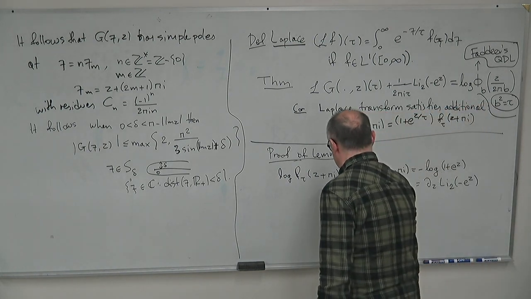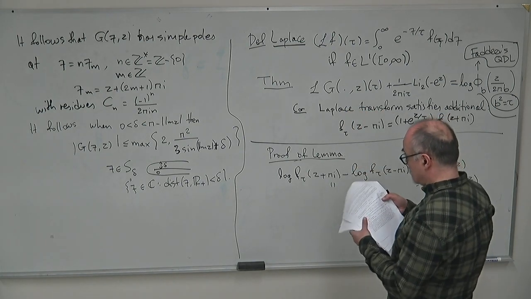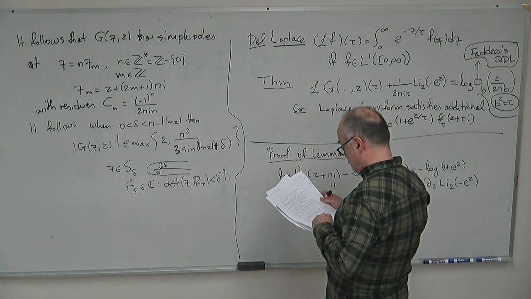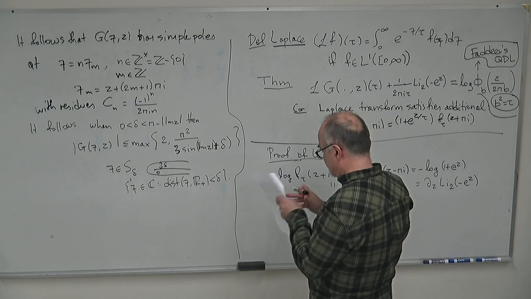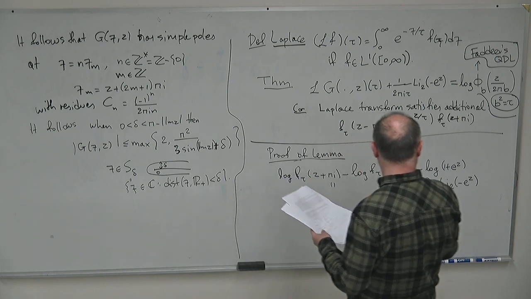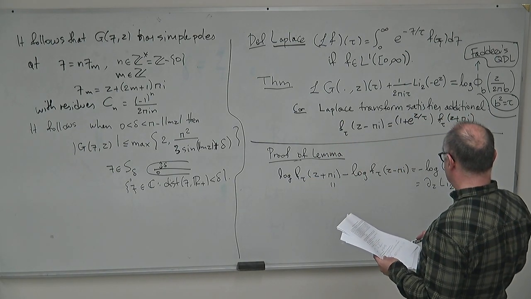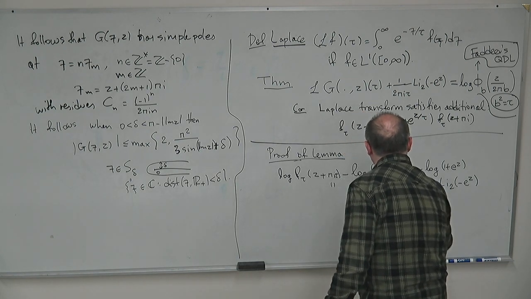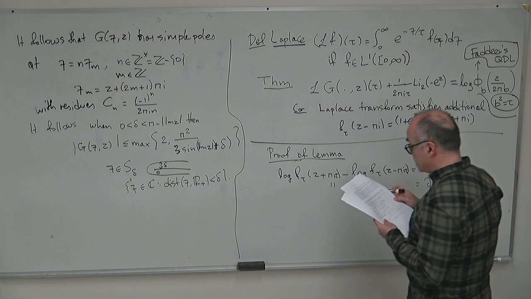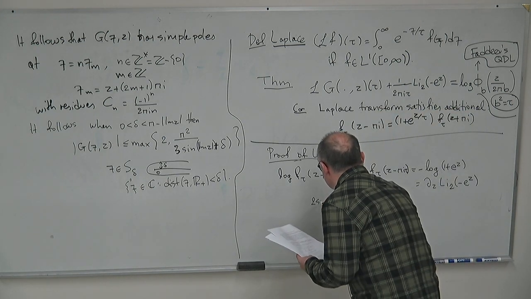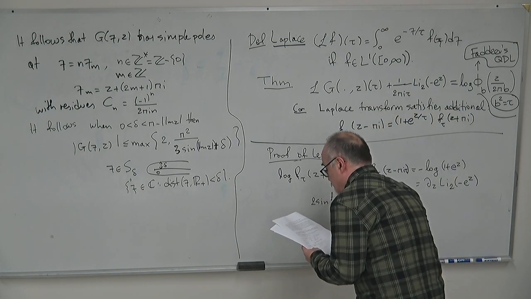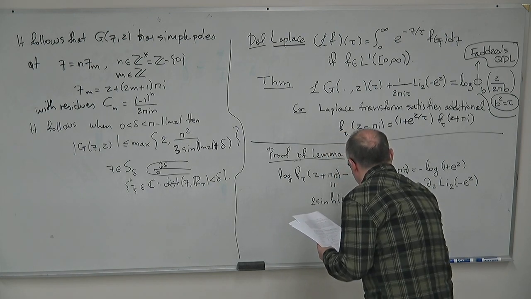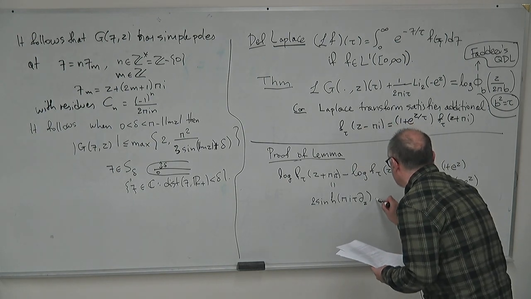And then this thing is an infinite order differential operator because it is shifts. Sorry, pi i tau, thank you. And this becomes 2 hyperbolic sine of pi i tau applied to the log.